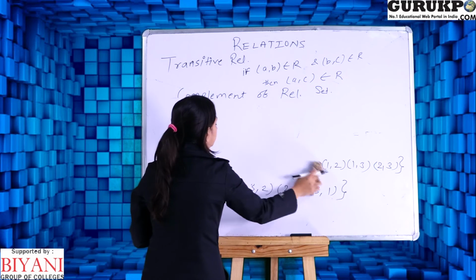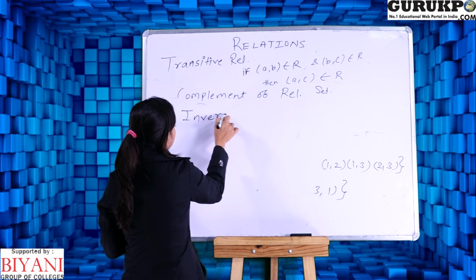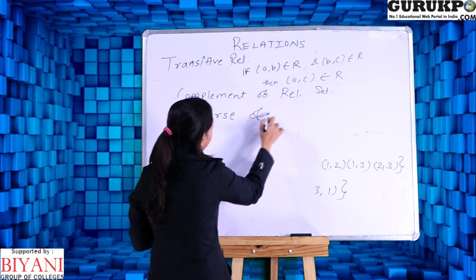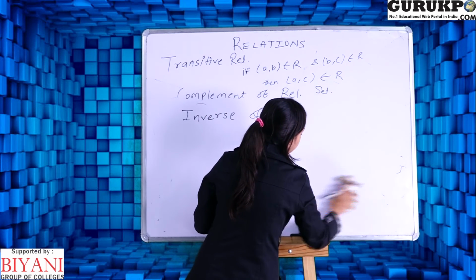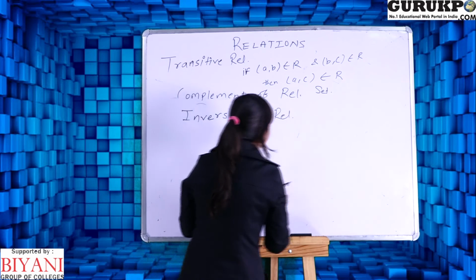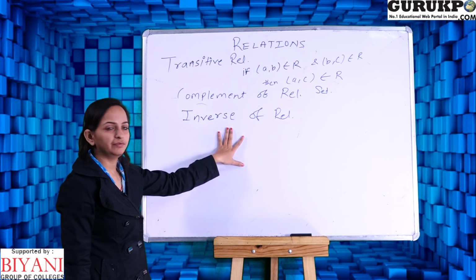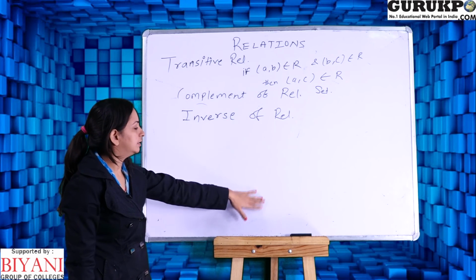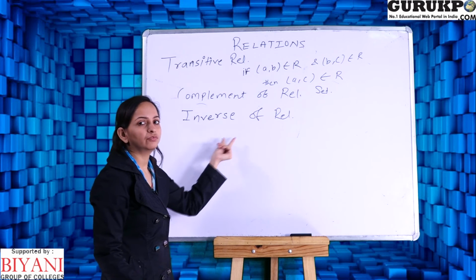And the last operation on the relation set was, if I have to find the inverse of a relation. These two words are totally different, inverse and complement. How will I find the inverse of the relation? In this we only invert the order of the elements.